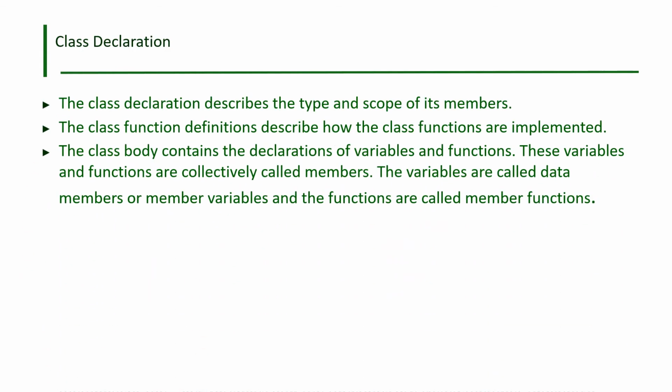Now class declaration describes the type and scope of its members. Then class function definition describes how the class is implemented. So class declaration contains the type and scope of its members, where we declare the data members and member functions, and in class function definition we implement those functions.